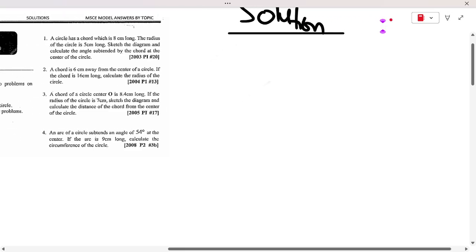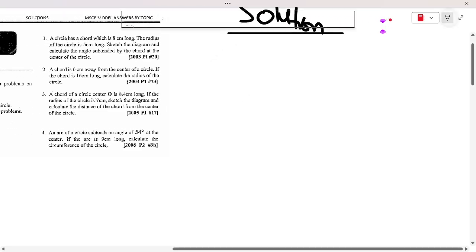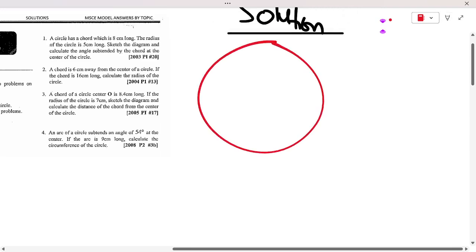You actually have to draw a circle, a big one, and of course the circle center.